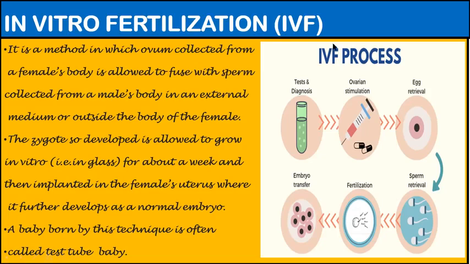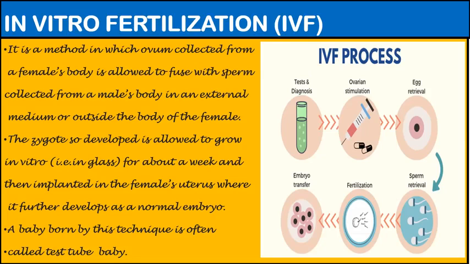It is a method in which ovum collected from a female's body is allowed to fuse with sperm collected from a male's body in an external medium or outside the body of the female.